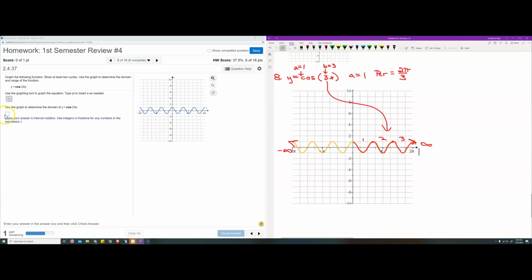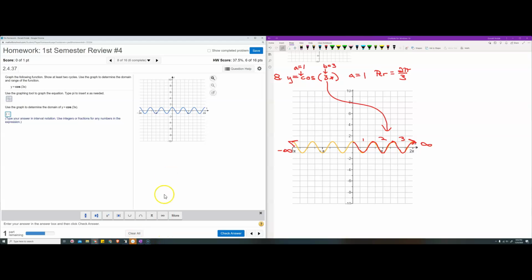So my domain is going to be from negative infinity to positive infinity. And in interval notation, we write that as parenthesis, negative infinity, comma, positive infinity, and then we close the parentheses. That is our domain.